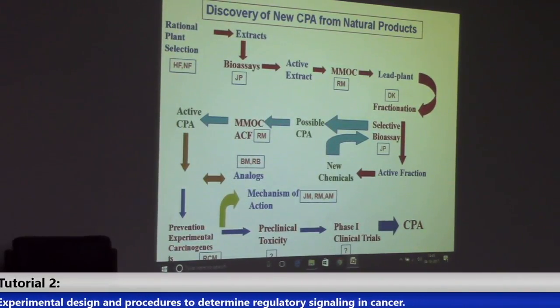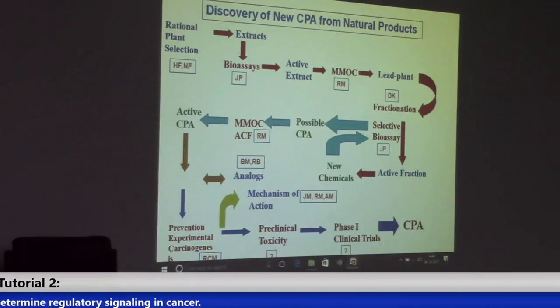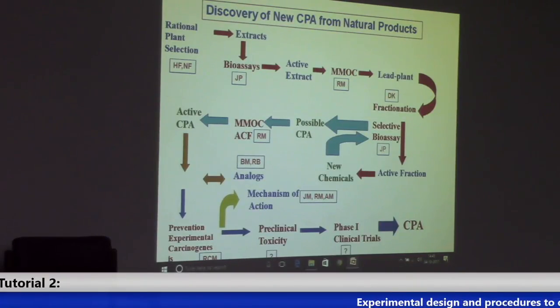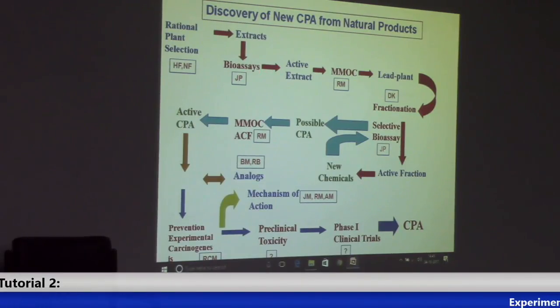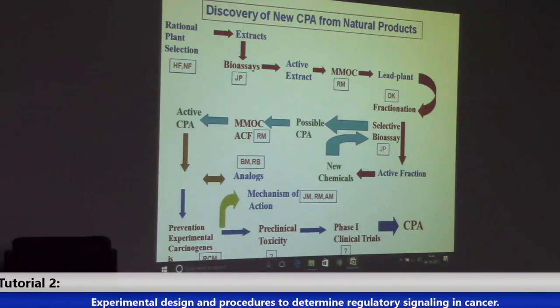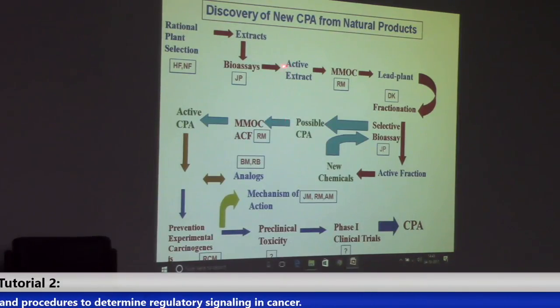And so he will grow some plants there and then generate extract. Sometimes he'll bring the extracts from there. Now this whole project was based on bioactivity guided identification of new cancer preventive agents.